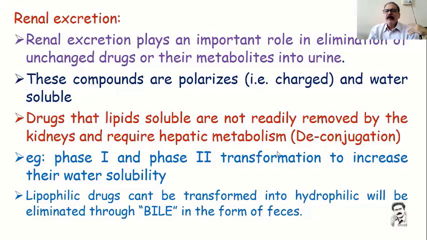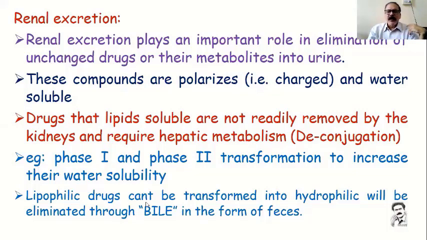If hepatic metabolism is taking place, in phase 1 we have seen redox reactions take place. In phase 2 we have seen an additional part is added and that transforms the drug to increase water solubility. If they are not water soluble, again they will go to the liver, from there to bile, then to the small intestine, and from the small intestine they will be thrown out in the form of excreta or feces.